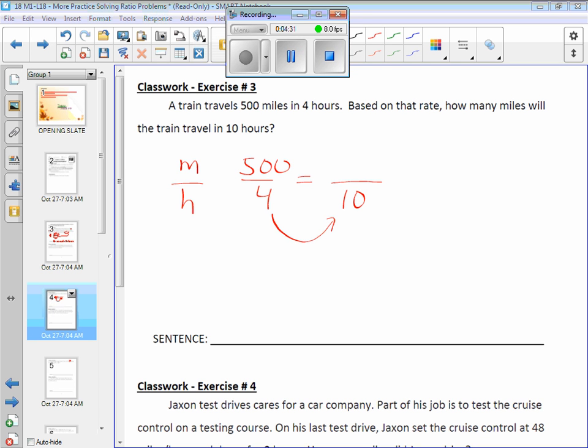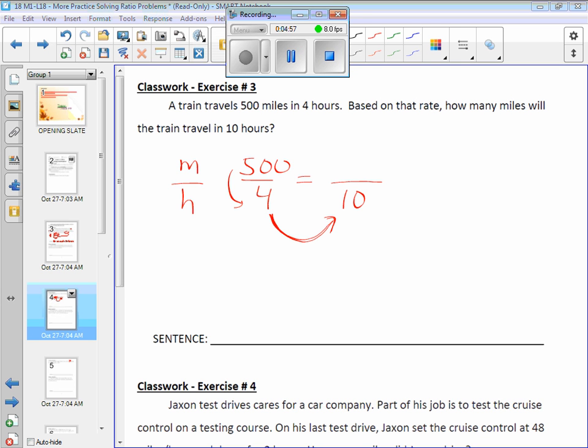You can do 4 times something to get 500, then you multiply 10 by the same thing to get just above it. Okay, you could look at this. You could also look at this and see it. But I'm going to show you another way if you get stuck.